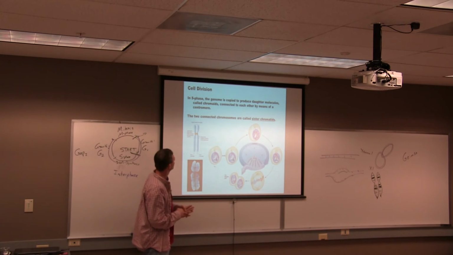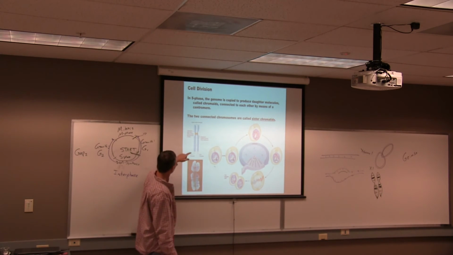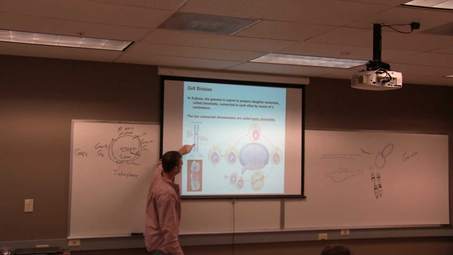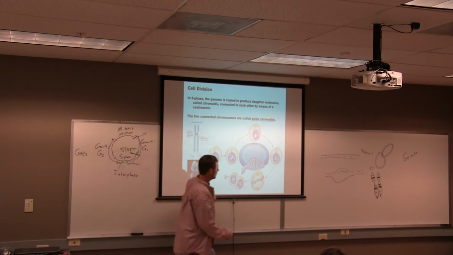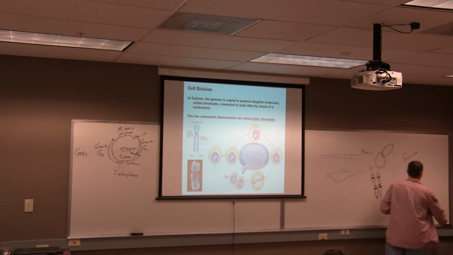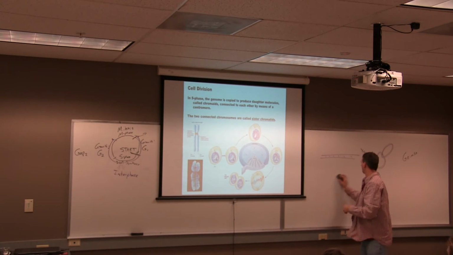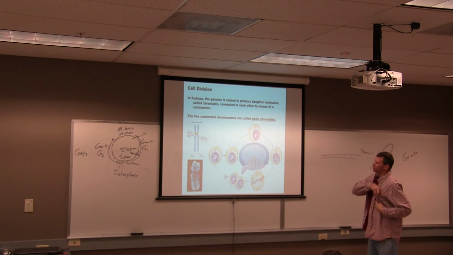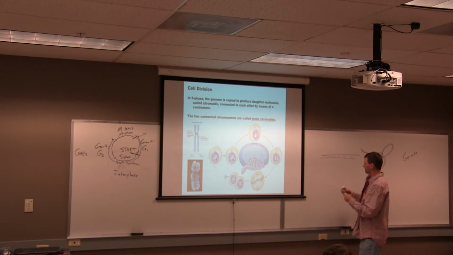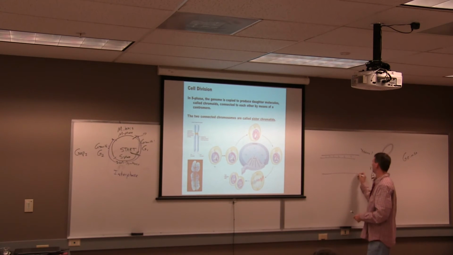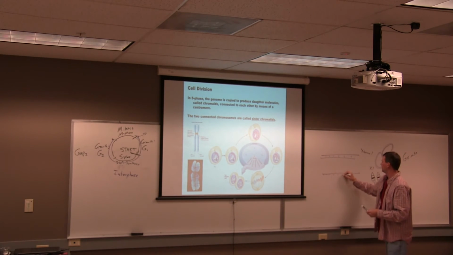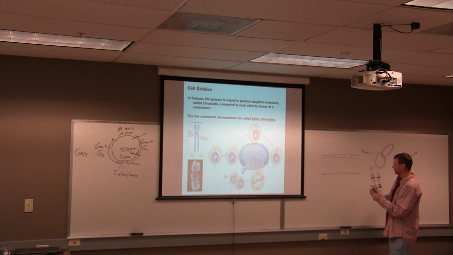But anyway, good. So what we've got here is these strands have separated through the process of DNA replication. And I wish they had drawn this a little differently. So this strand here was copied.